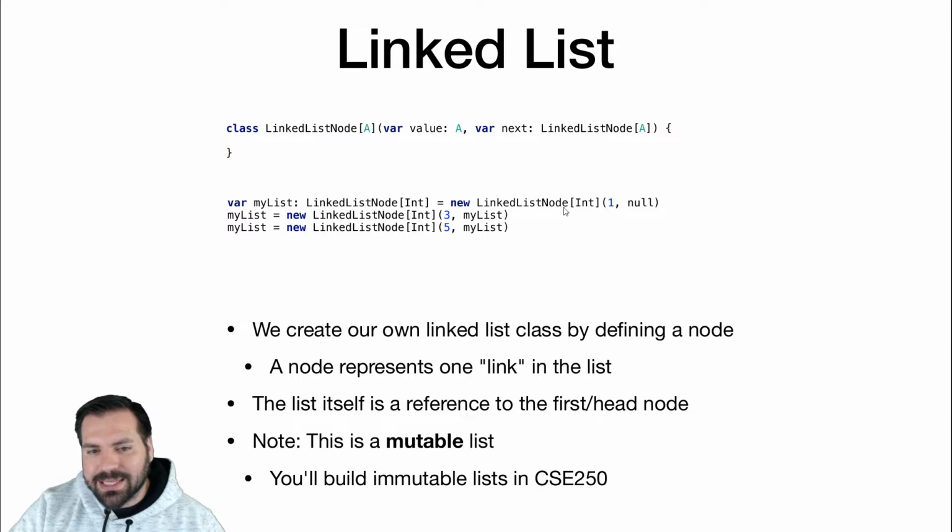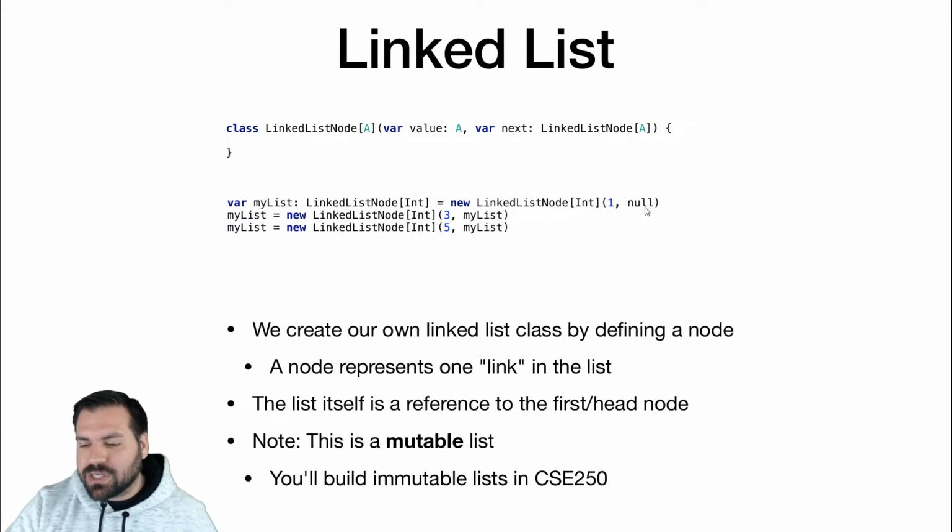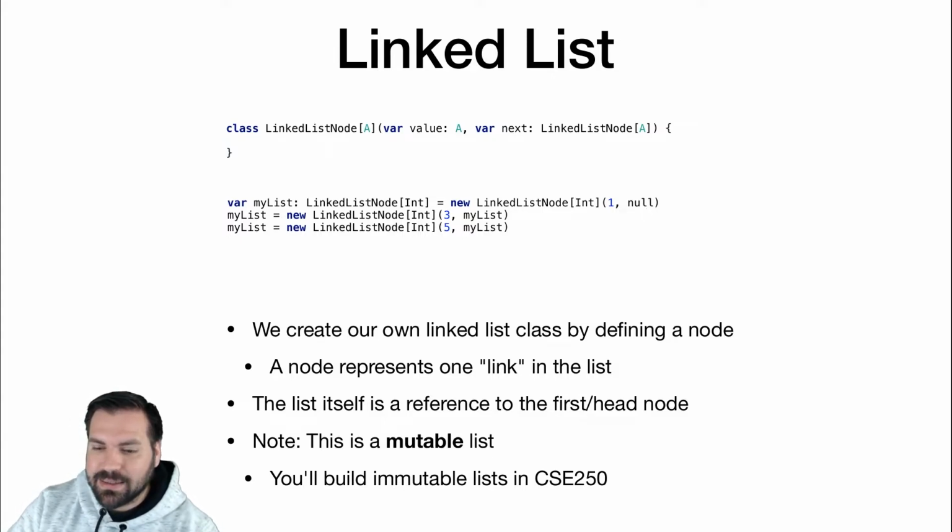So A is int in this case. Give it a value, which has to match the type parameter, which is int. And since when we first create it, this is going to be a list that only contains one element, I'm going to say next is null. So this is just a one element list.